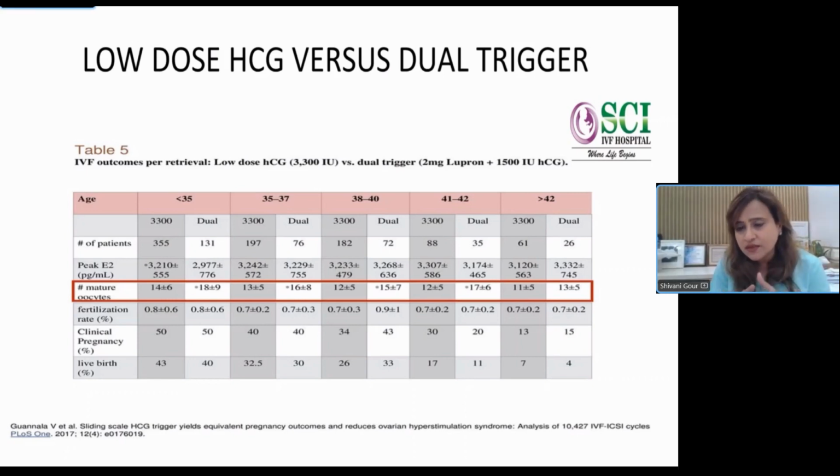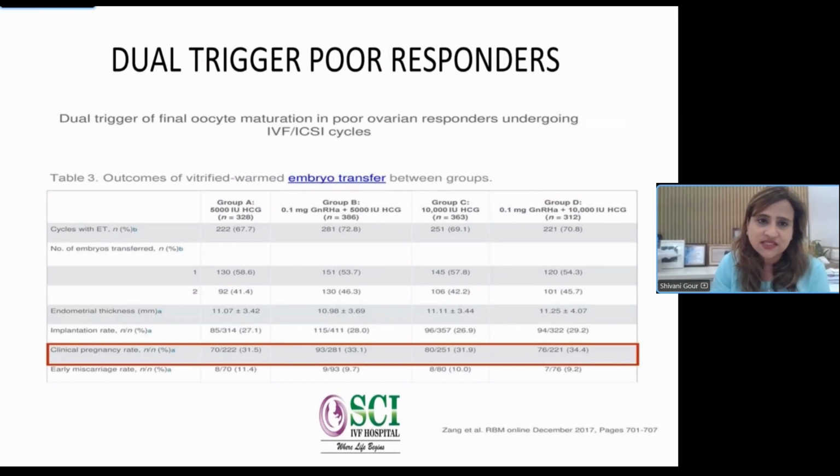If you give a dual trigger, in the form of 0.2 decapeptyl or 2 milligram lupron plus 1500 units HCG, versus just a low dose HCG, you will get better mature oocyte rates with a dual trigger. So dual trigger is definitely more desirable if you are thinking of reducing your dose of HCG. Add a GnRH agonist and that will boost your success rates.